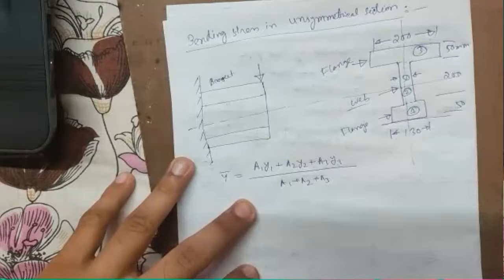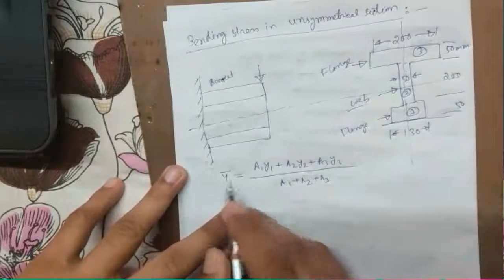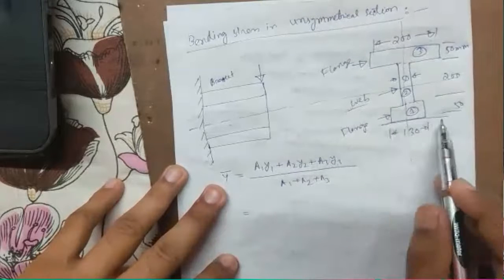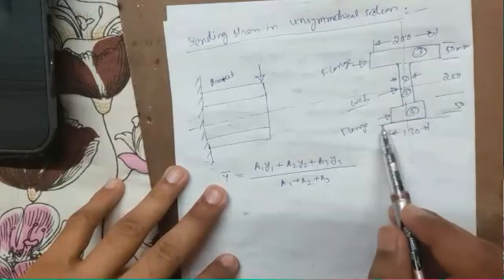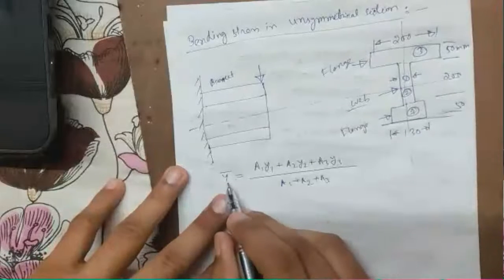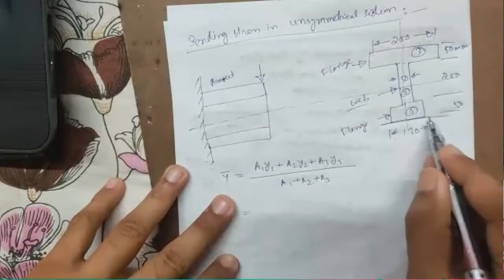So y1, y2, y3 all should be calculated from this bottom surface. Y bar is the distance of the CG from this bottom face.